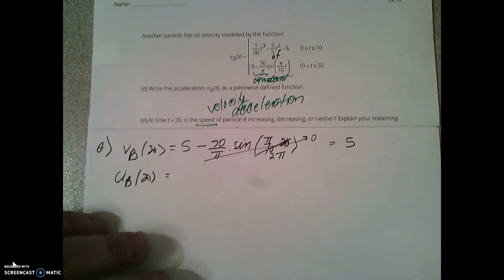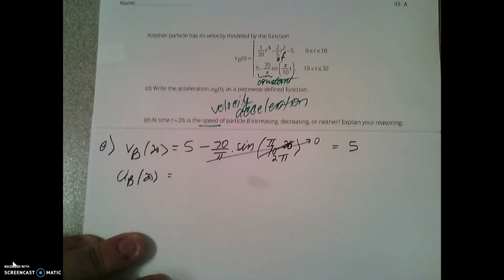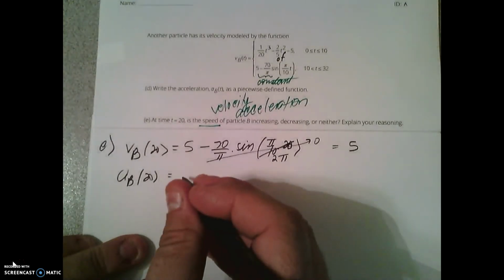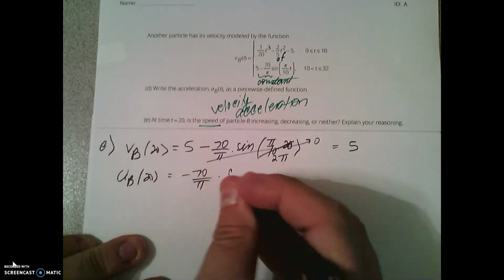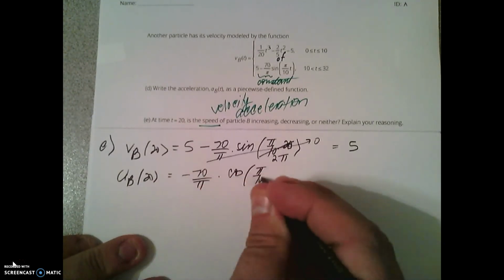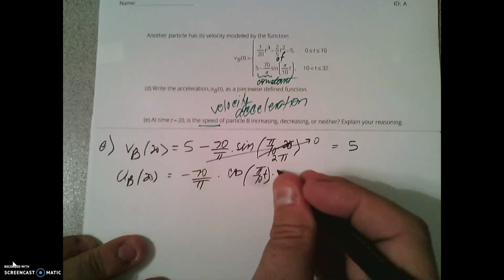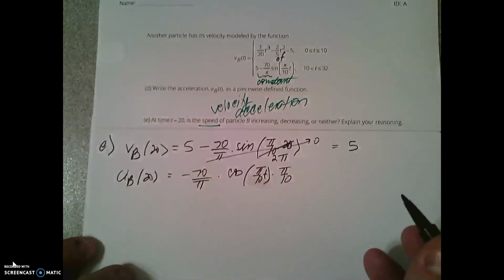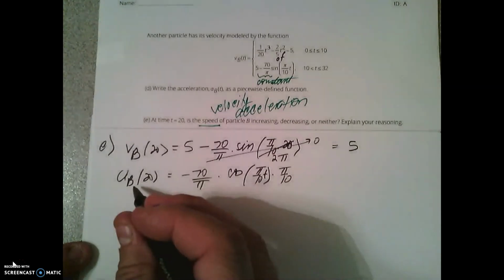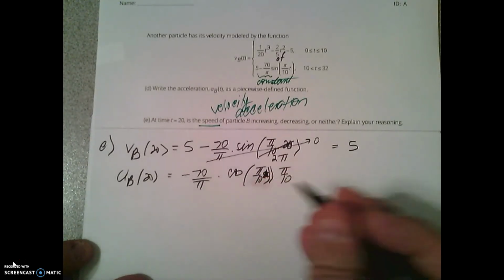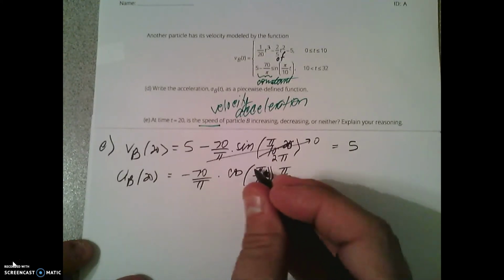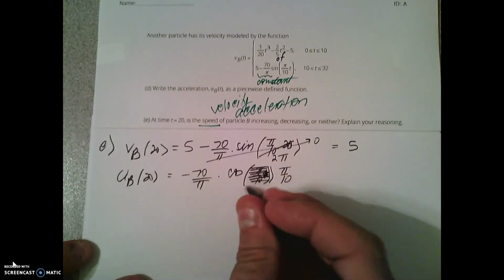The acceleration, we said, is negative 70 over pi times the cosine of pi over 10 times t, times pi over 10. So the acceleration at time 20, oh, that's a little messy, isn't it? My apologies, let me rewrite that.